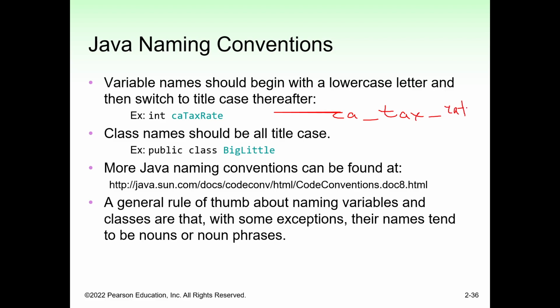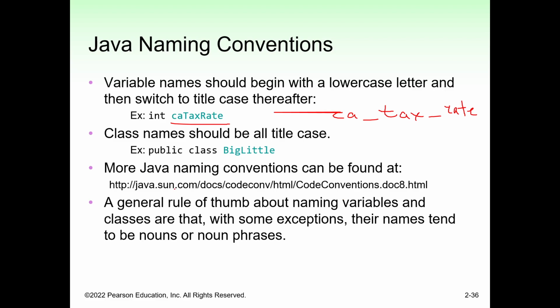This also would be acceptable. But in this case, they're using an uppercase letter instead of the underscore, which also works, as you can see here. Now, your class names should always start with a capital letter. So variables, lowercase, classes, capital.